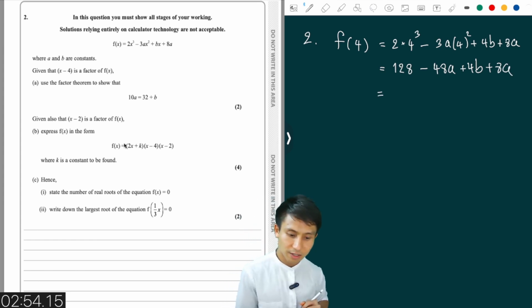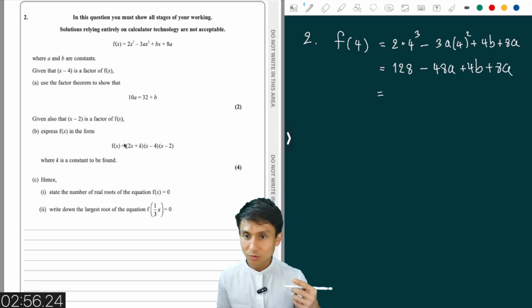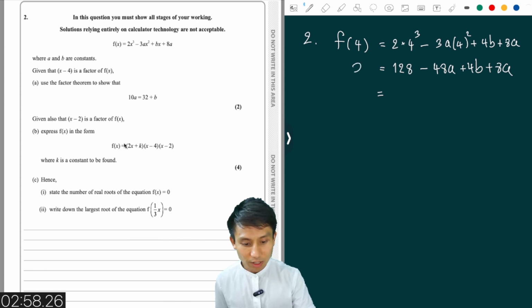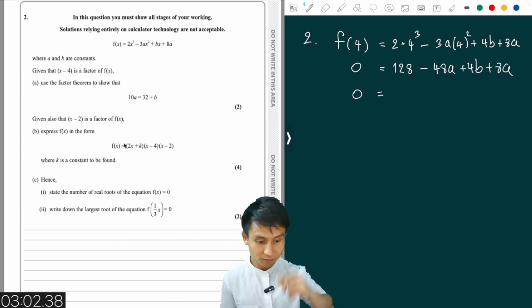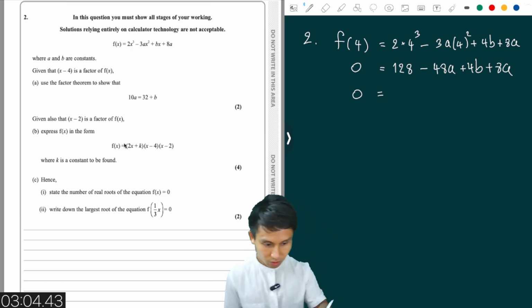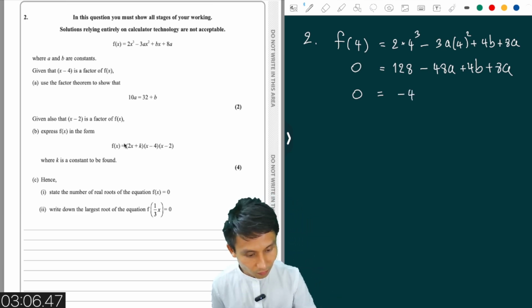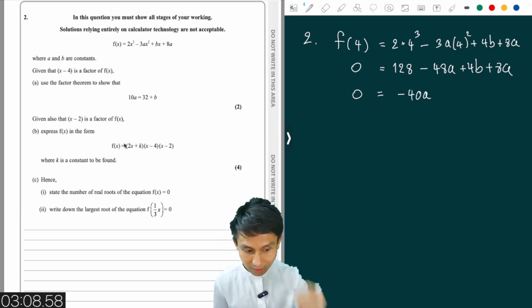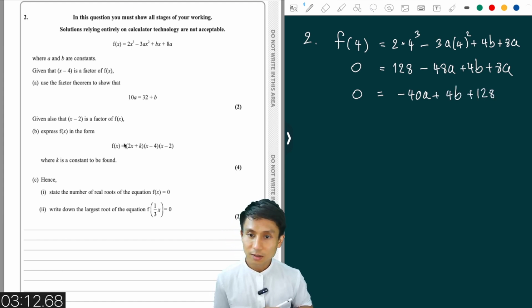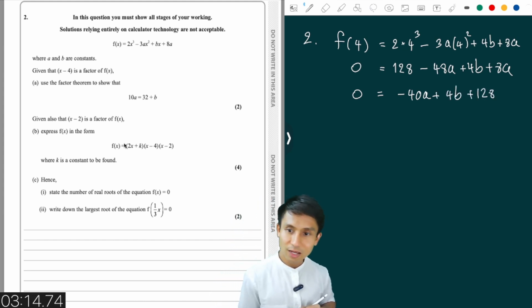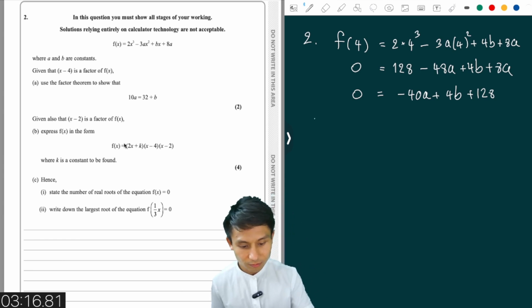Wrapping up everything, we're going to equate that to 0, of course, because factor theorem says we have a remainder of 0 there. So it's minus 40a, and then plus 4b, and then plus 120, which means that we can probably divide everything across by 4.